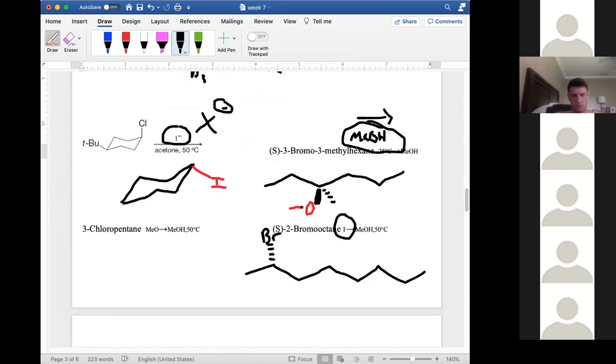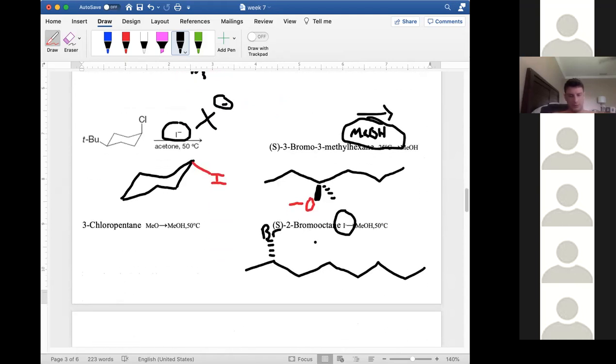So all you would do is simply replace. But let's just say it was an elimination reaction. Let's just say it was an E1 reaction. So that Br would leave. Hypothetically, if this was an E1 reaction, can anybody tell me where they think the double bond would be created, with B1 or B2?